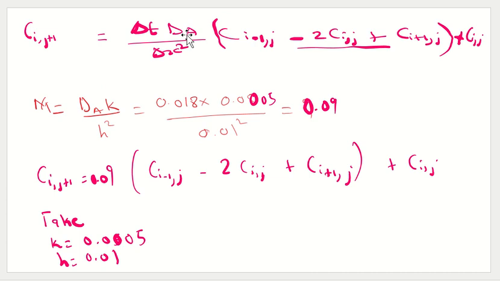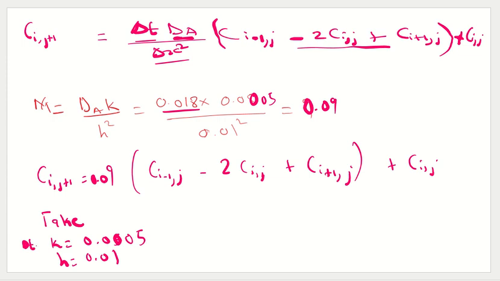So all the constants have now been assembled: dA, delta t, delta x squared. And we now have all our expression ready. We can make it simpler by evaluating the constants. We know dA is already given as 0.018.